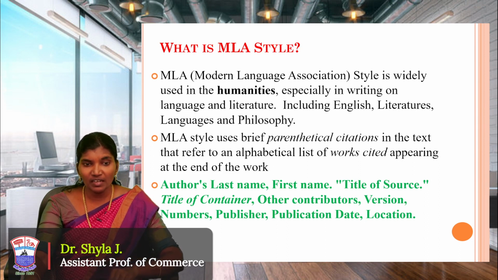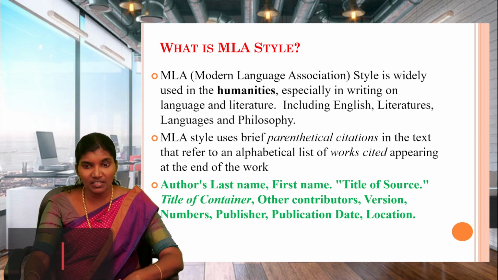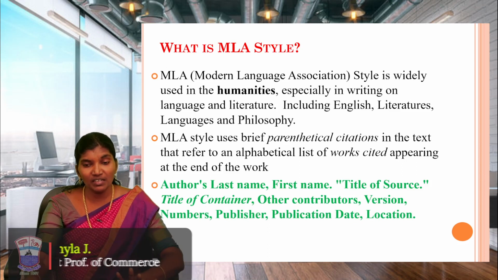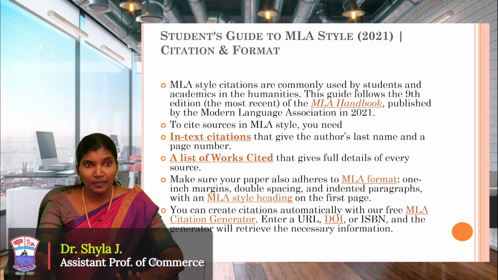So normally author's last name first, then first name, then title of the source and title of the journal and other things. When you are writing the title of the source or the title of the paper, you have to enclose it within double inverted commas. And what are the general guidelines regarding this MLA reference style?